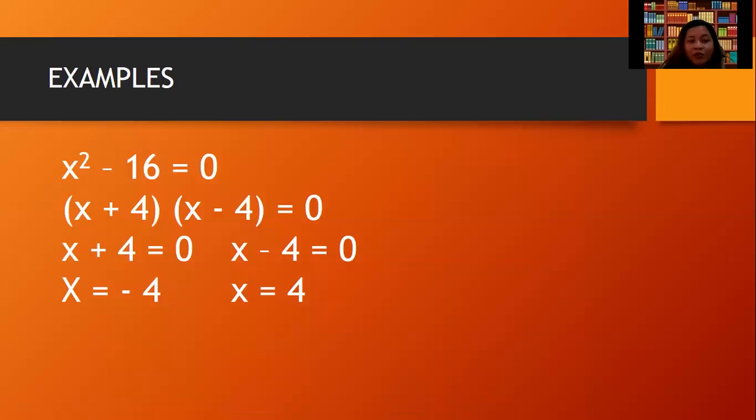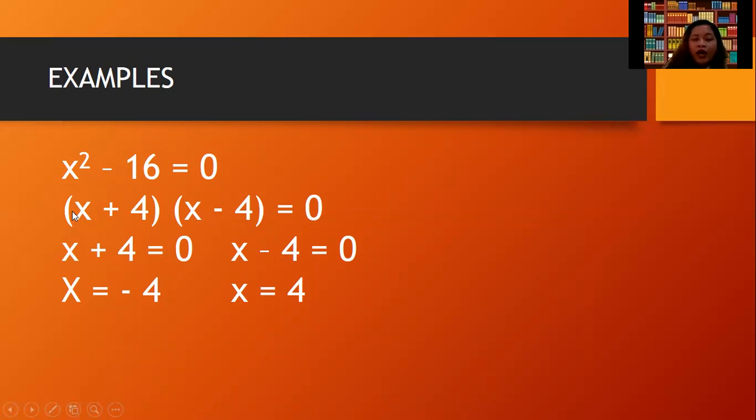Here is an easier way of solving by extracting the square root. The first thing you have to do is identify if the first term and the second term are perfect squares. If those are perfect squares, then you can extract the root.